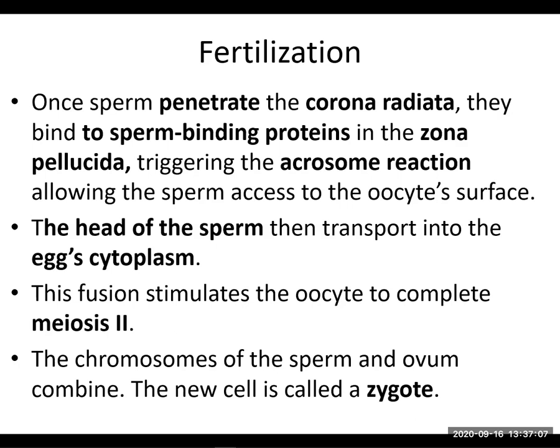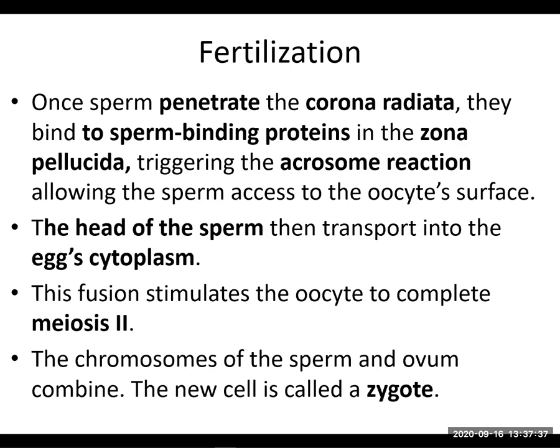Once they penetrate through the oocyte surface, the chromosomes will be delivered. This fusion also stimulates the oocyte to complete meiosis. It has completed the first meiosis, so we have the first polar body and the secondary oocyte.